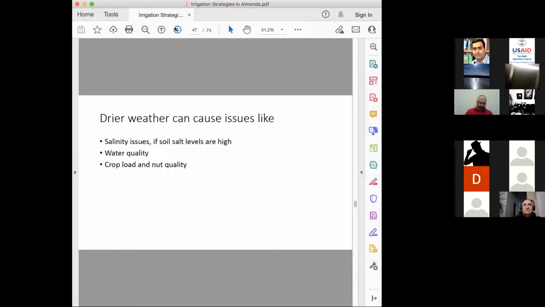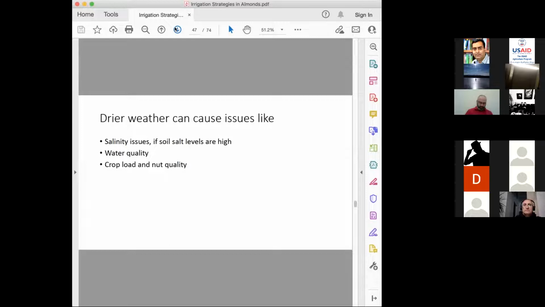But if you have salinity issues in your soil and you have just enough water applied through drip or sprinkler irrigation system, then your salinity issues are going to be a problem. So water quality is also another problem.